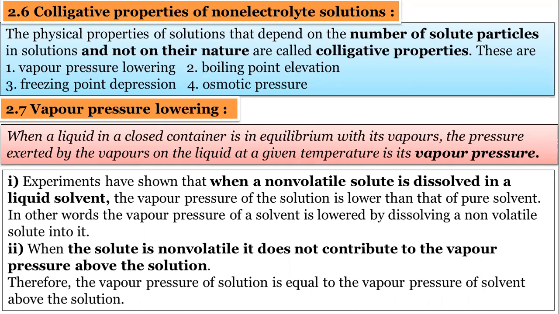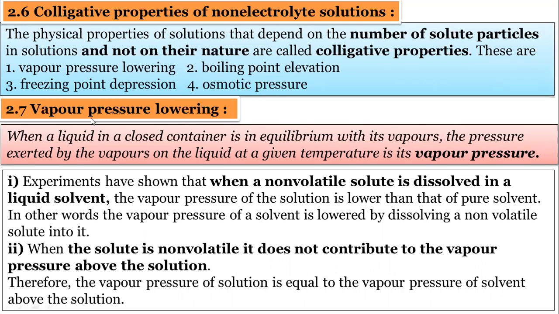So remember, the solute is non-volatile, it does not contribute to the vapor pressure of the solution. So the vapor pressure of a solution is equal to the vapor pressure of the solvent only. Remember this thing: vapor pressure of a solution, this solution being a mixture of non-volatile solute plus solvent, is equal to only the vapor pressure of the solvent, because the solute does not contribute to the vapor pressure.